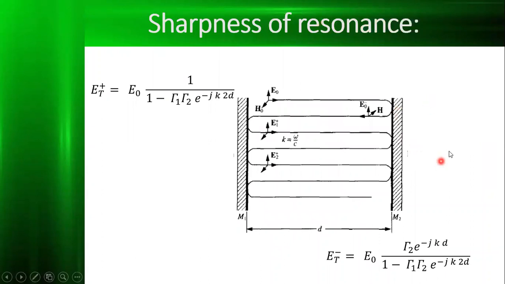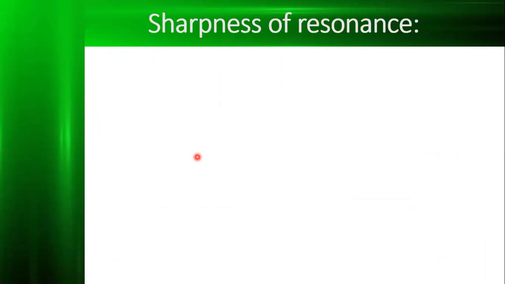I mean here on the right-hand side, the amount of intensity transmitted over the amount of intensity incident to the optical cavity on the left-hand side. So I transmitted over I incident equals what we call the transmission term. Here is the transmission term.